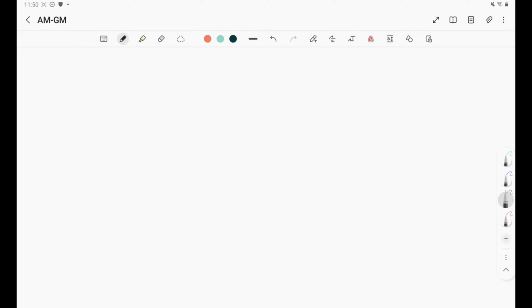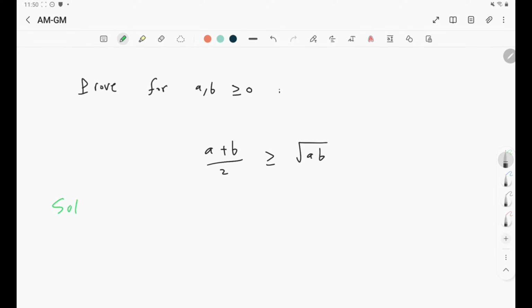So let's say we want to prove, for two non-negative numbers a and b, greater than or equal to 0, the following inequality: (a+b)/2 is greater than or equal to the square root of ab. So give it a try and then keep watching.